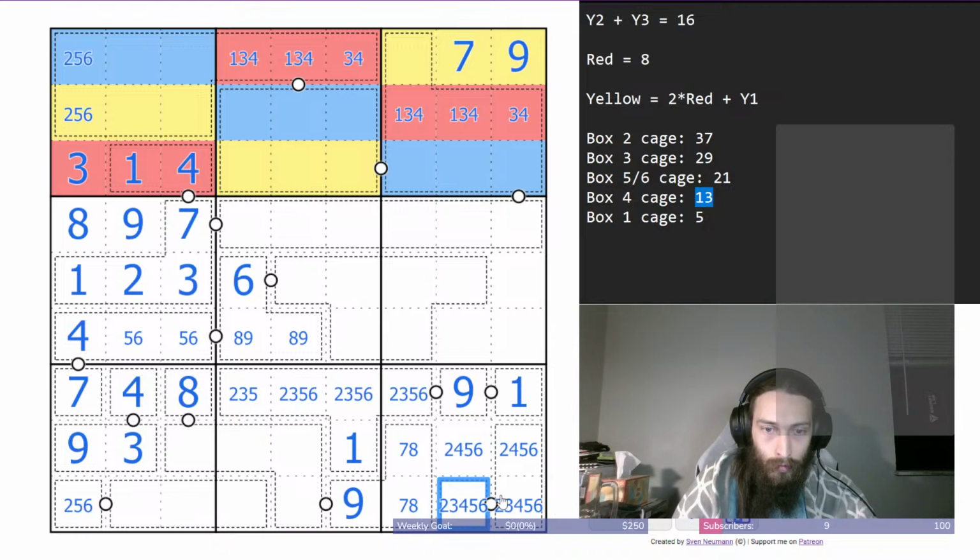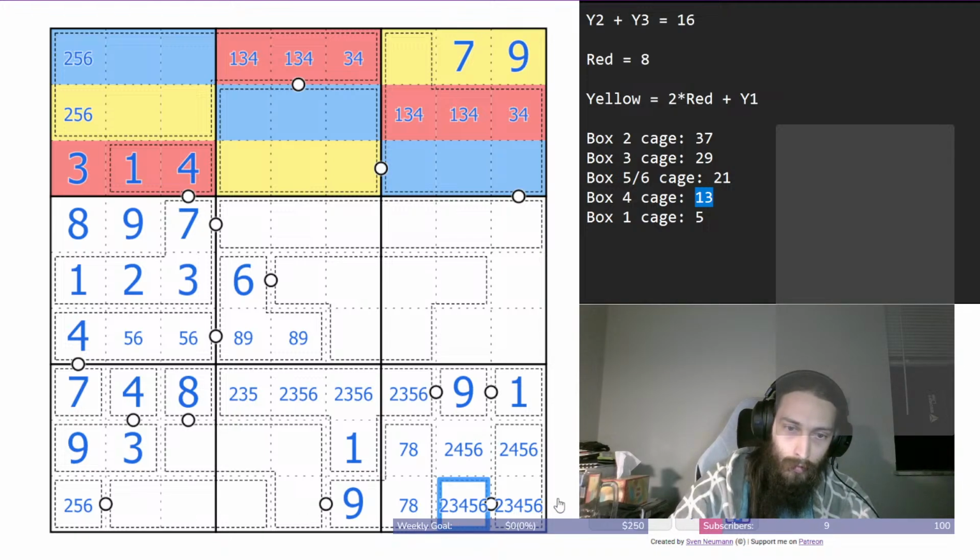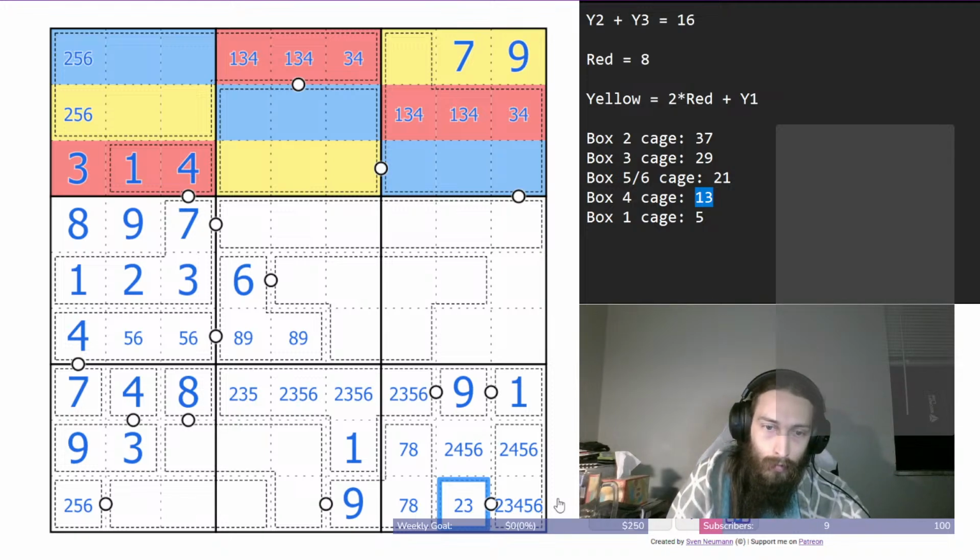If that's 3, it's 5, 6. It can't be 4 because that would be 12, and 7, 8, and 9 are all used up. So the square can't be 4 or 5 or 6. So it's either 4, 6 or 5, 6. So those can't be 2. So this is our 3. But 6 has to go in there.